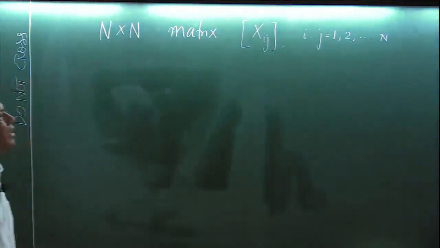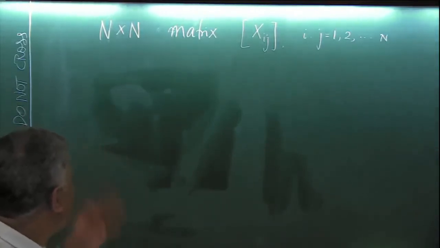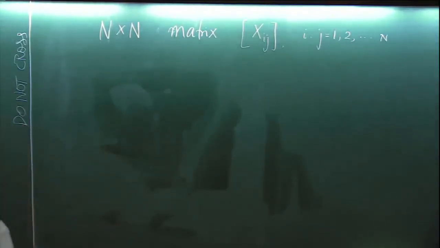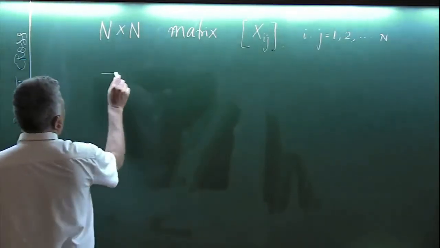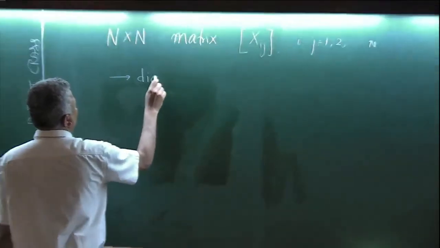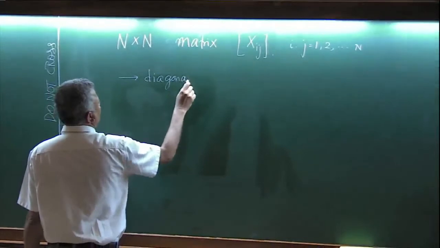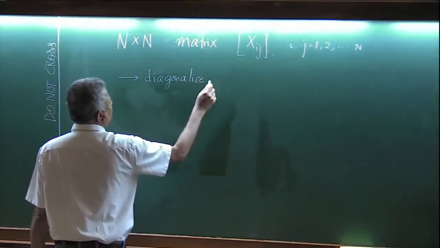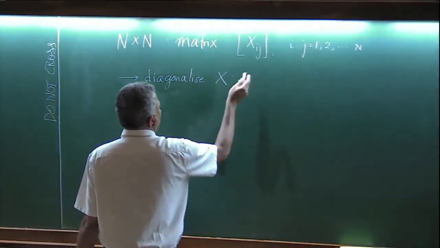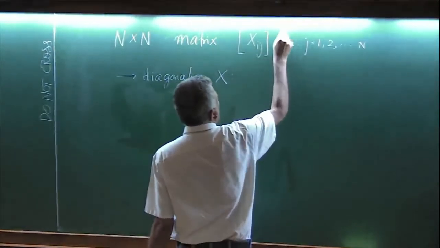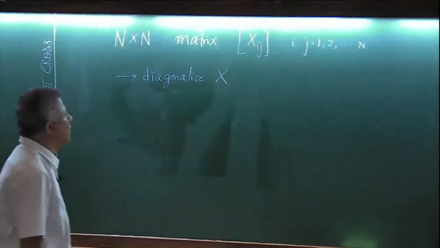Imagine that you have an n by n matrix. All of you know about matrices, right? If I give you a matrix, you can diagonalize it. I'll denote this matrix by X.